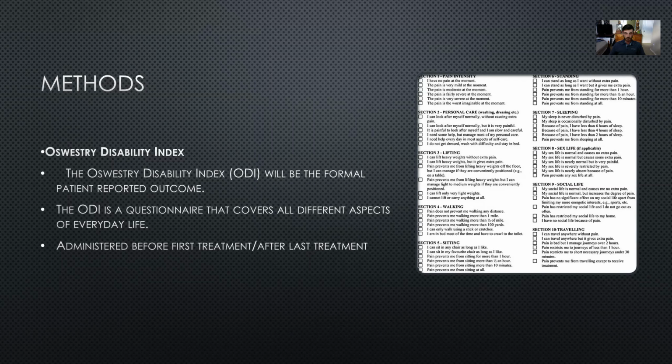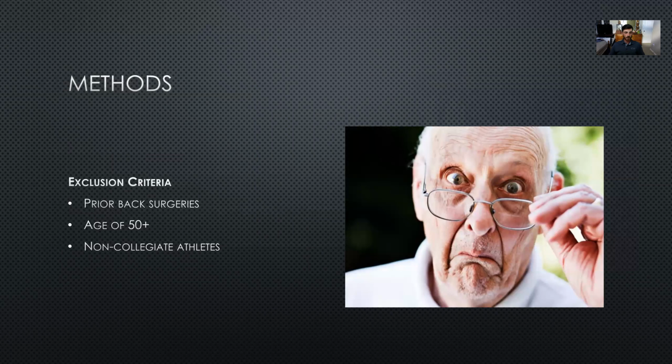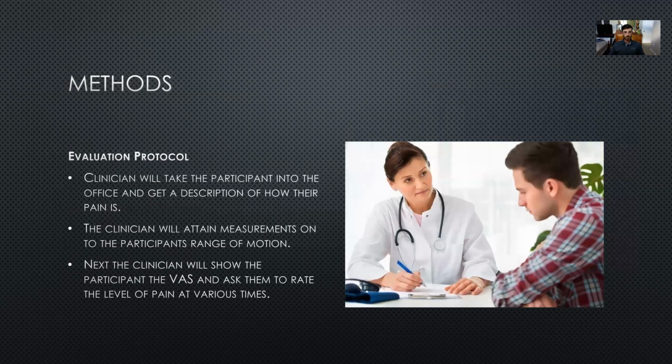So for my exclusion criteria, I will not be performing spinal manipulation on anybody with prior back surgeries, if they're age 50 or over, and any non-collegiate athletes. So for my evaluation protocol, I will take them into the office and run through a history of their pain.